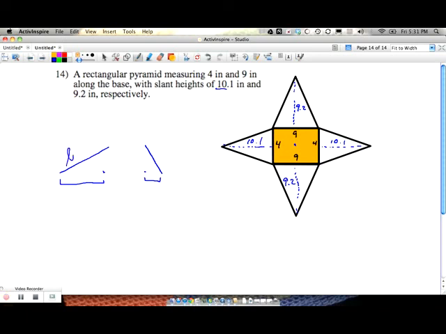The further you are from the center, the longer your slant height is going to be. So the short slant height comes from a short distance from the center. So the short distance from the center here is going to have the short 9.2, while the longer one has a 10.1.